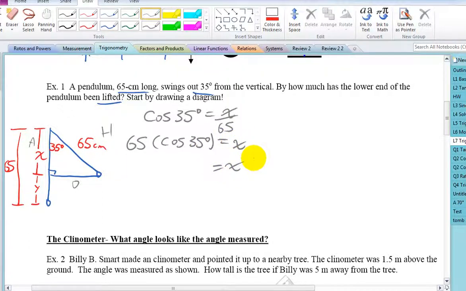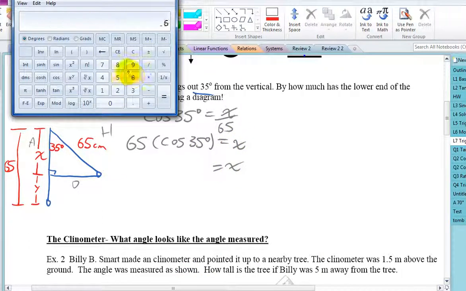And then you can find x using your calculator. Make sure you write down every single thing I wrote down.